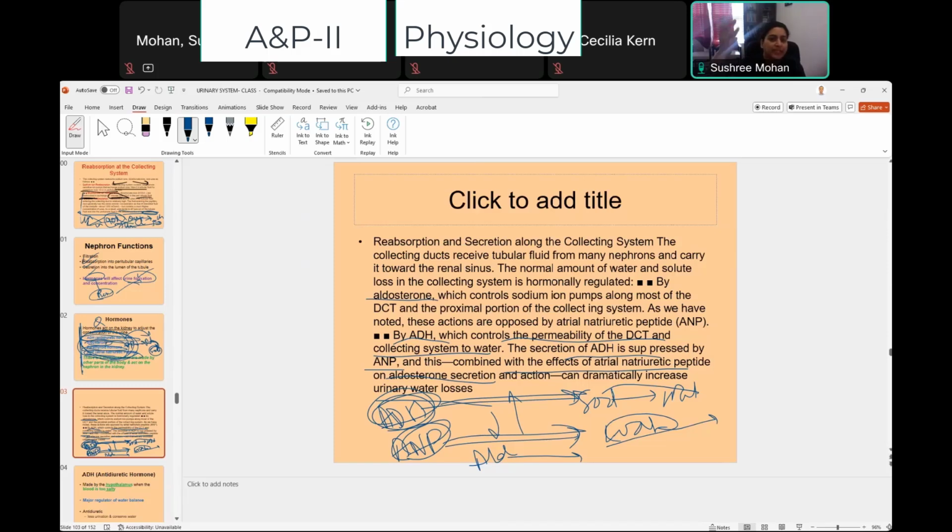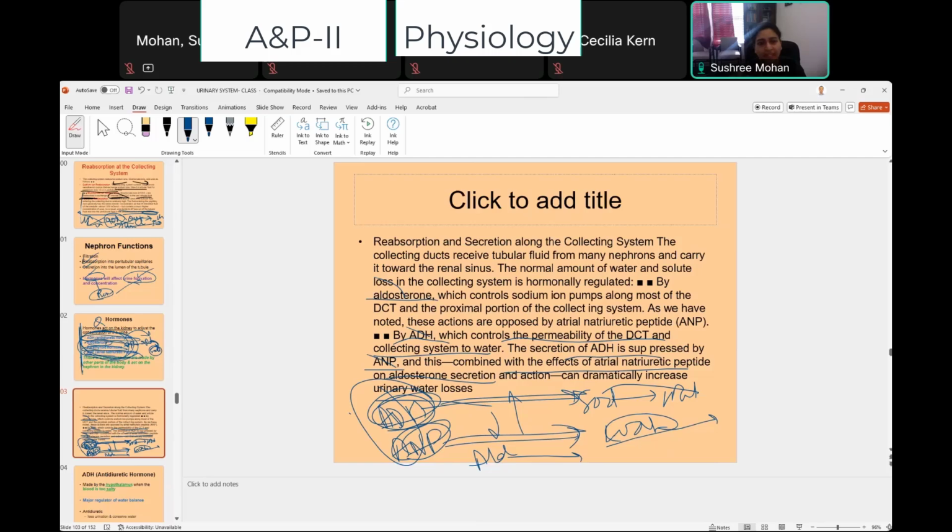That means the pressure will increase because it needs more pressure to push the big volume of water. So out of these hormones, ADH, ANP, aldosterone, you have to know which hormone is keeping the sodium inside the body. The one that keeps the sodium inside is keeping the water inside also.